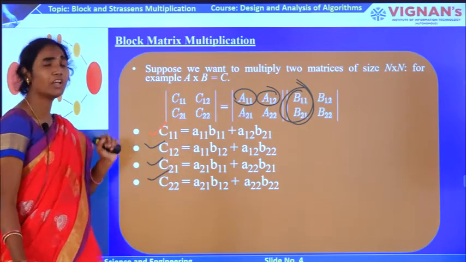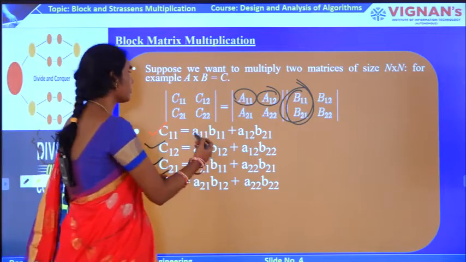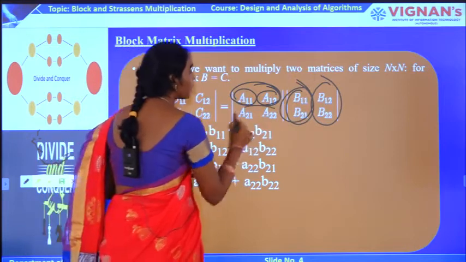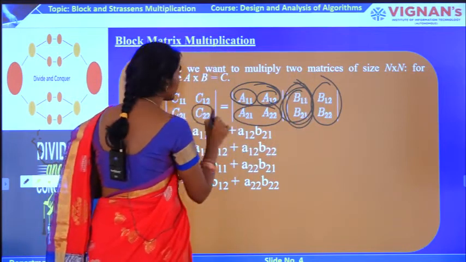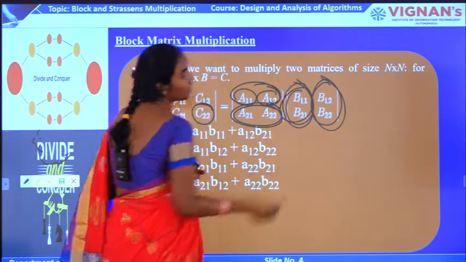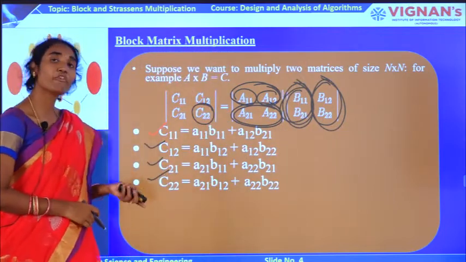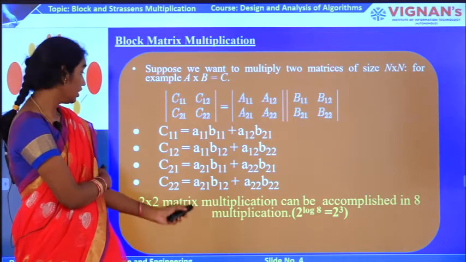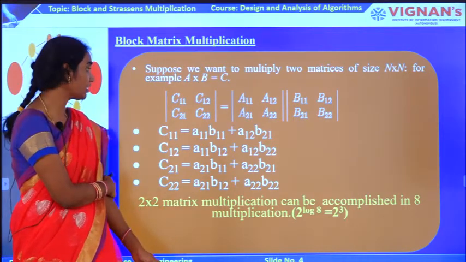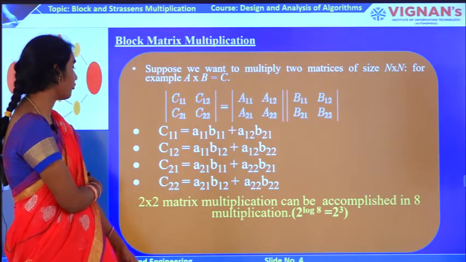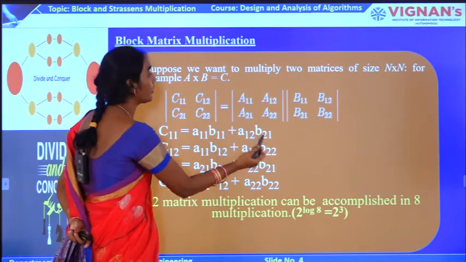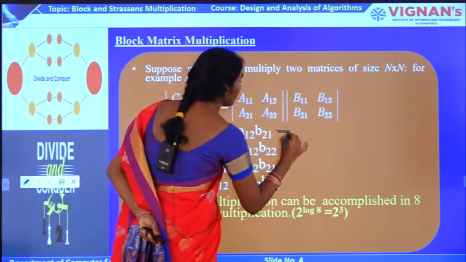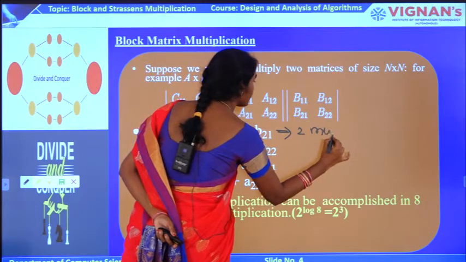A row is multiplied with a column. In a similar manner for C12, a row is multiplied with this column, similarly for C21, and for C22. Finally I will have all these 4 values. A 2 by 2 matrix multiplication can be accomplished in 8 multiplications, right? How many multiplications am I performing? A11 into B11, A12 into B21: 2 multiplications.